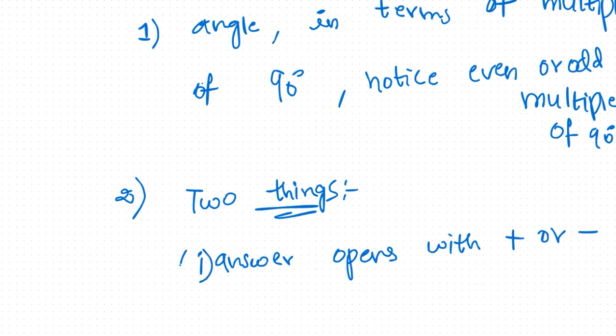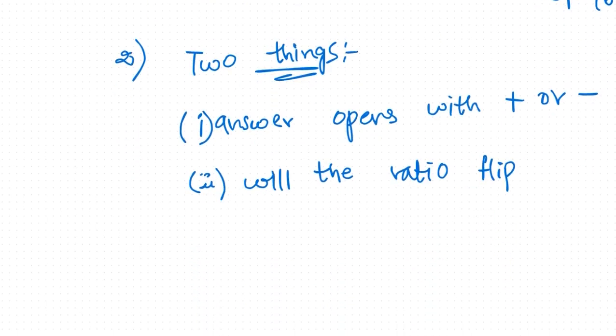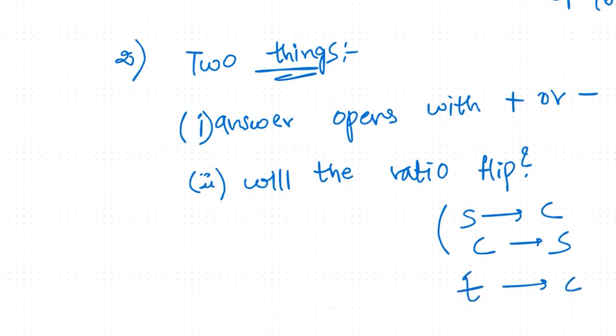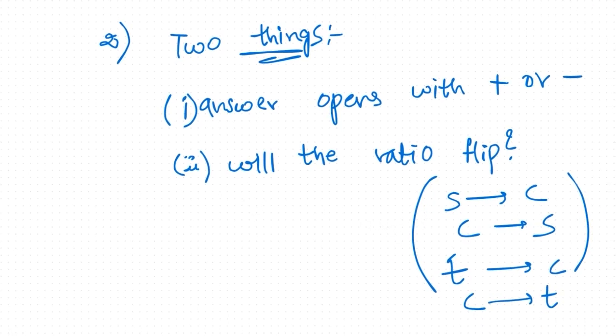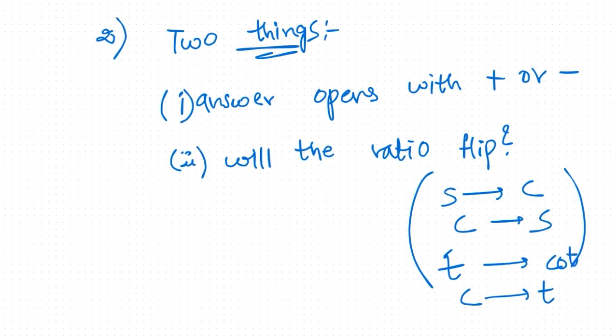Another one is, will the trigonometric ratio flip? Sine to cos, cos to sine, tan to cot, and similarly cot to tan. Cot, C means cot, not cos.